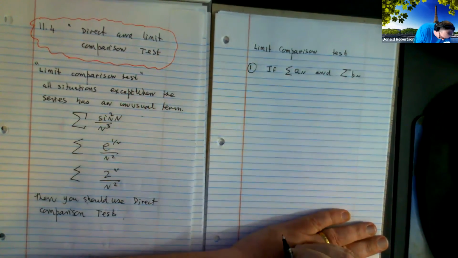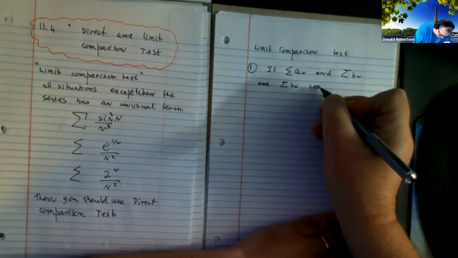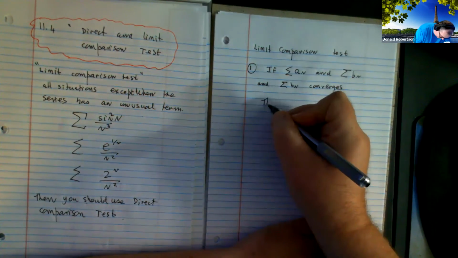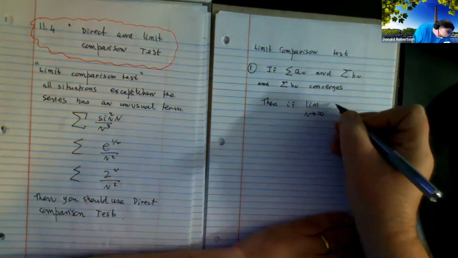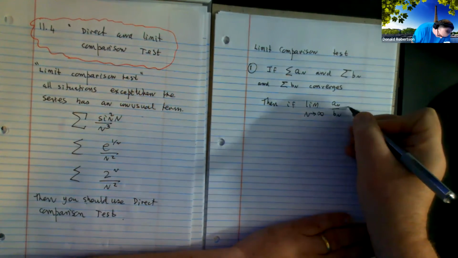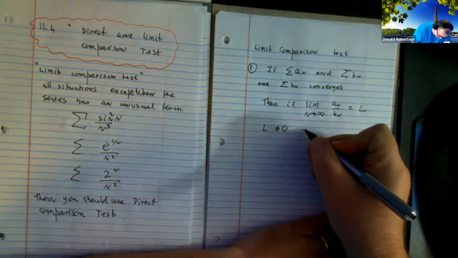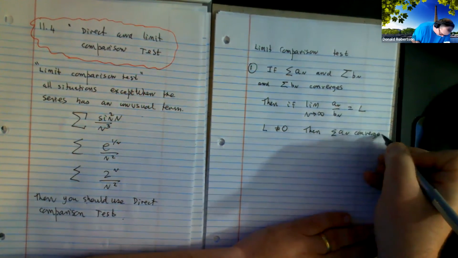If you have sigma an and you have sigma bn, and we know that sigma bn converges, then if the limit as n tends to infinity of an over bn equals L, and L is any number you like, but it's not allowed to be 0 or infinity, so it can be 2 or 22, then sigma an converges.